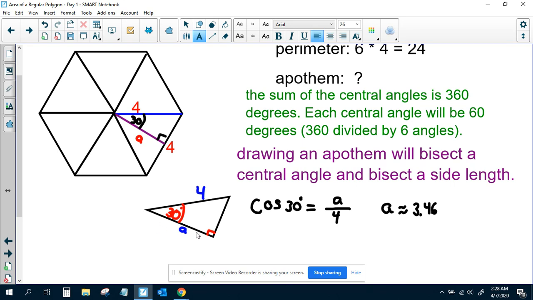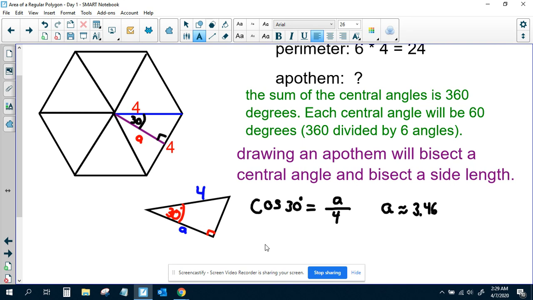So if we have adjacent and we have hypotenuse, we're talking cosine here. So if you recall, we're going to do cosine of 30 degrees is equal to adjacent over hypotenuse. So cosine of 30 is equal to A over 4.